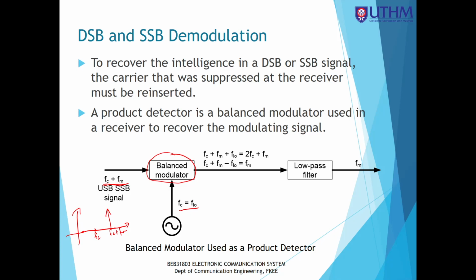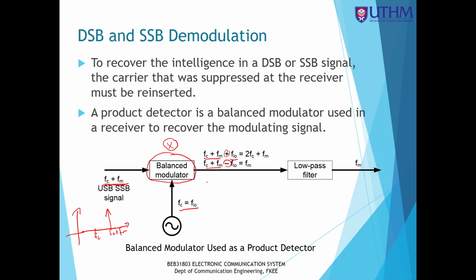Remember, the balance modulator does multiplication in the time domain, so you multiply both inputs. When you multiply, you produce upper and lower sideband at the output. The output will produce FC plus FM plus FLO, the upper sideband, and also the lower sideband.